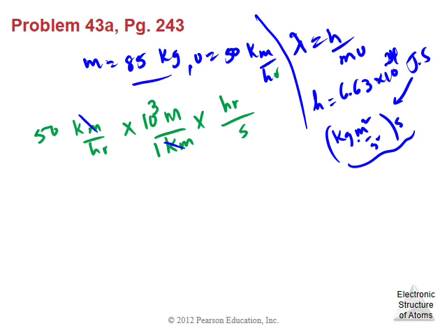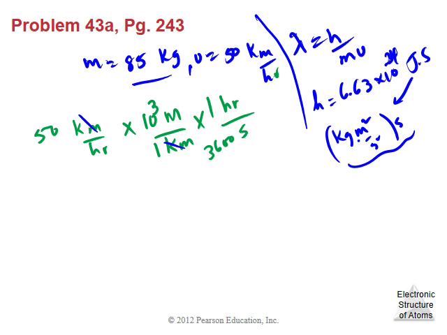Then 1 hour is made up of 3,600 seconds. So 60 minute times 60 second, because you need to multiply those two numbers, then you get 3,600 second.